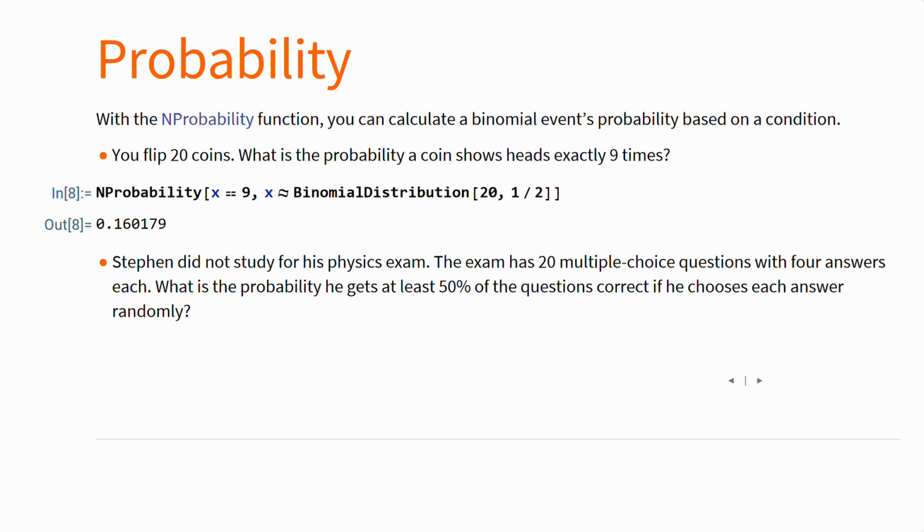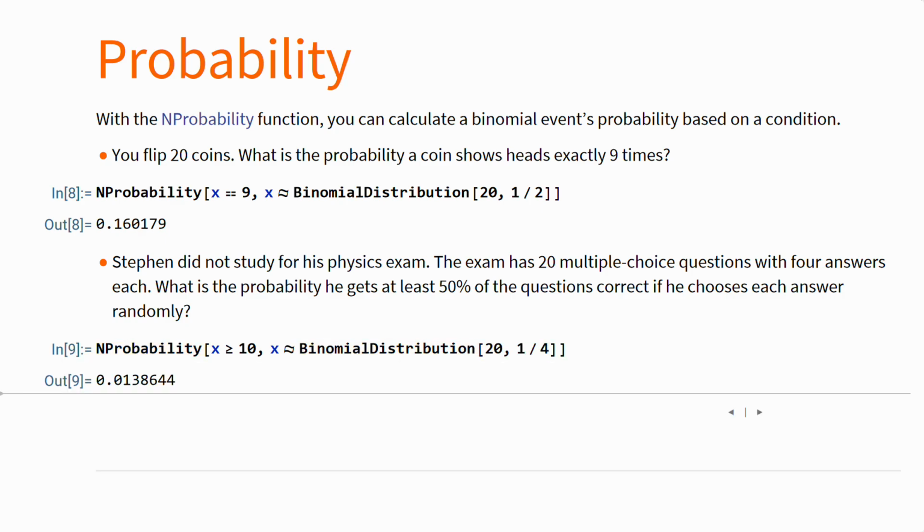Imagine Stephen didn't study for his physics exam and decided to randomly guess all the answers. If the exam has 20 multiple choice questions with 4 answers each, what's the probability that he gets at least half of the questions correct? Well, just use the numerical probability at equal or greater than 10, with 20 at a probability 1 over 4, and you'll get the answer.